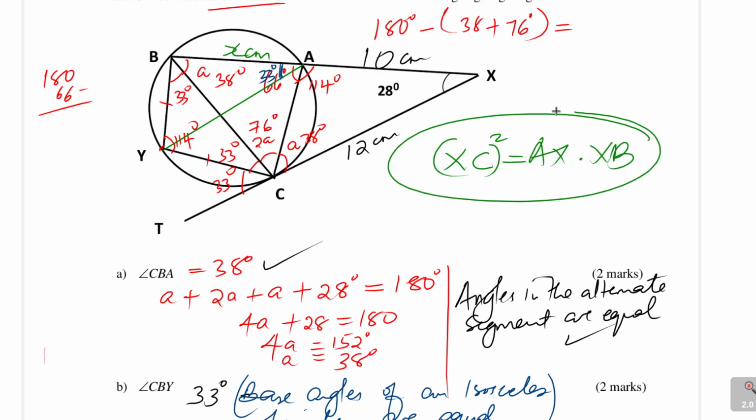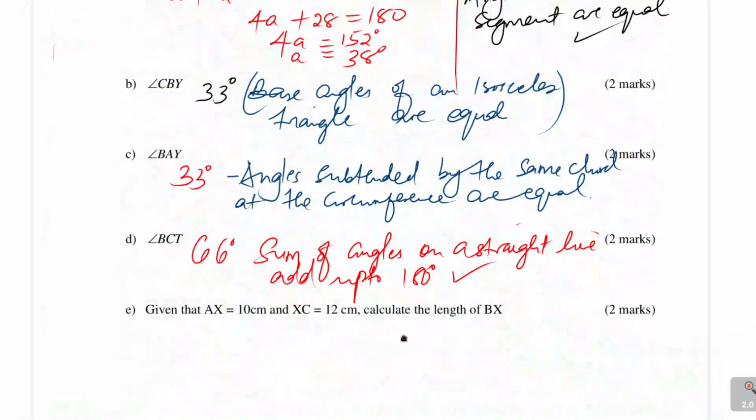So this is the property, the tangent secant property. This is a tangent: XC squared is equals to AX multiplied by XB. So we just use that, and we are going to get the solution.